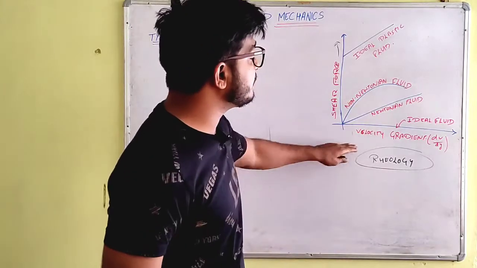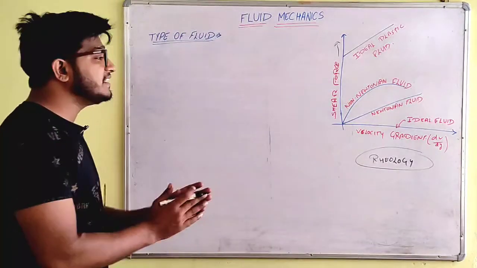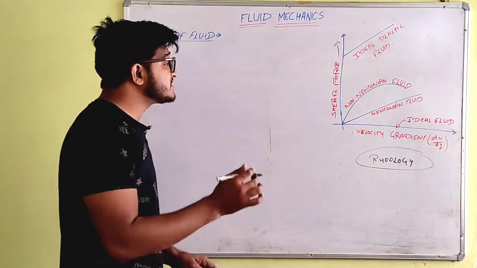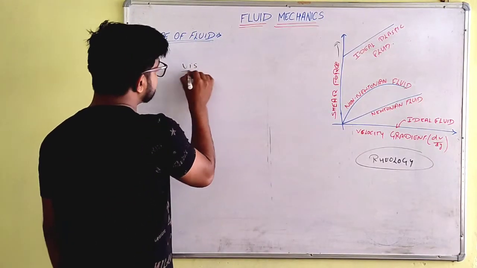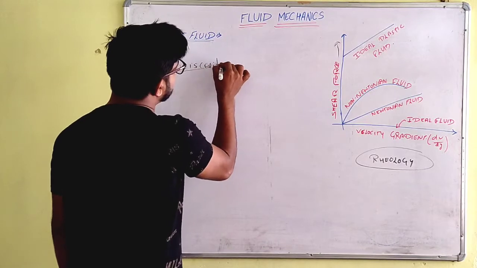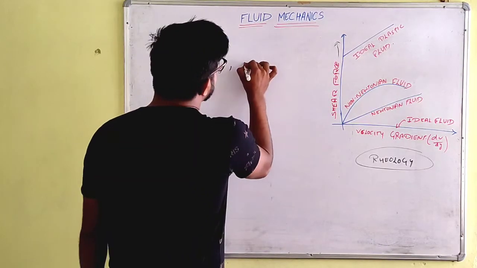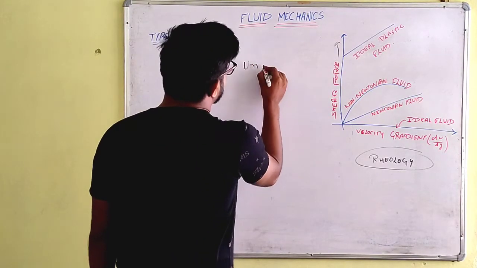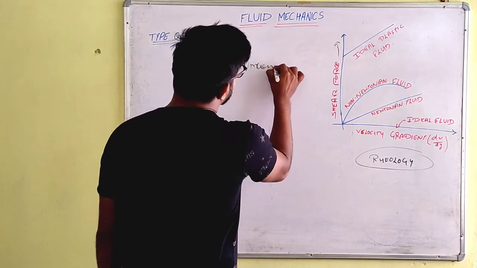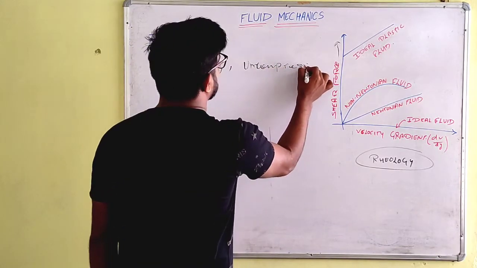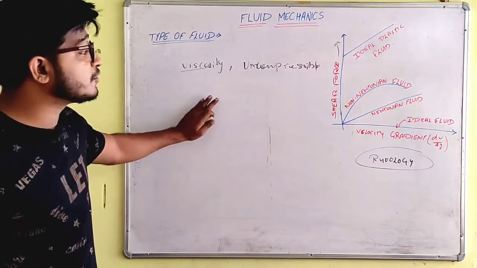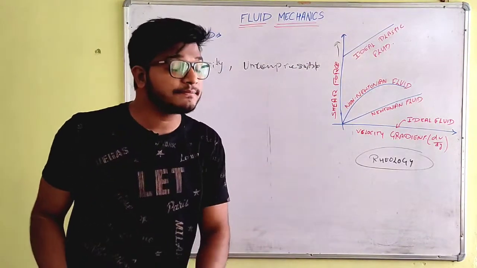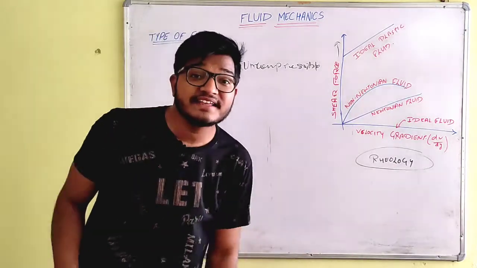Now if we talk about the ideal fluid, the ideal fluid is the fluid which does not have viscosity and which is incompressible. The fluid which has no viscosity and is incompressible is called the ideal fluid.